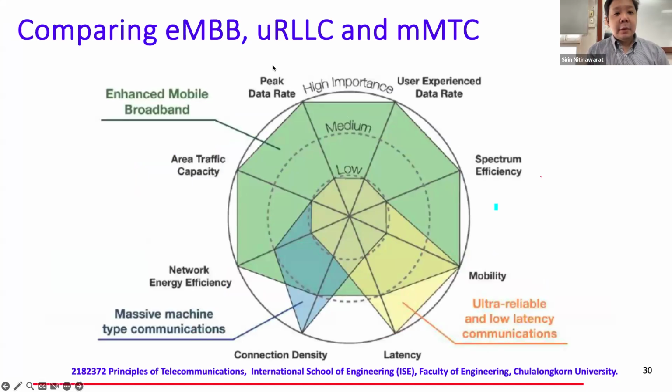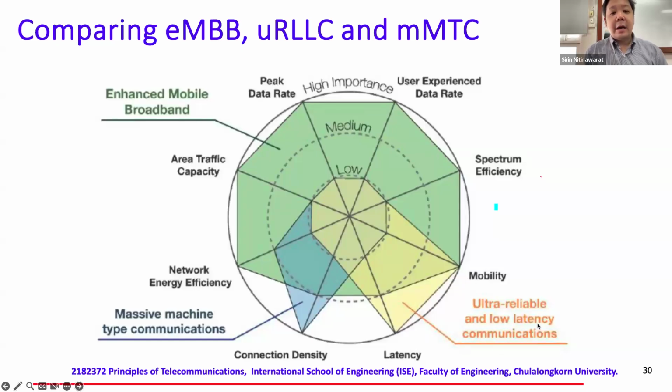Okay, so here is the diagram representing these three service categories based on different important metrics. eMBB in particular focuses on network energy efficiency, area traffic capacity, peak data rate, user experience data rate, spectrum efficiency, and mobility.